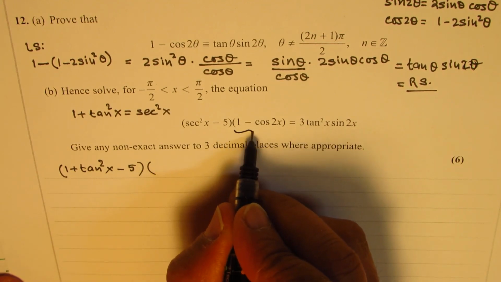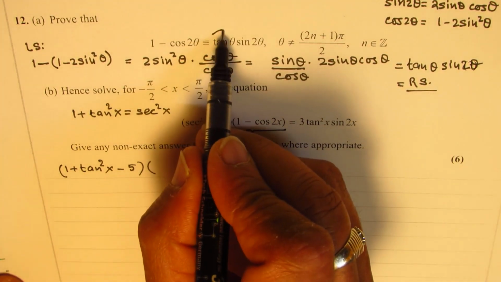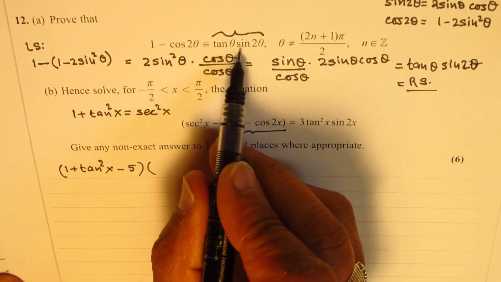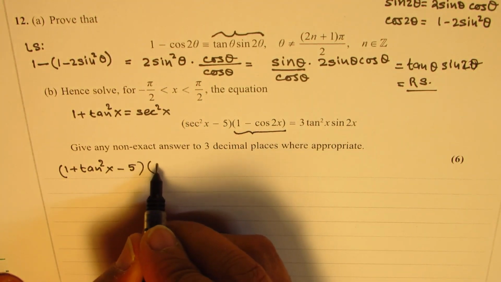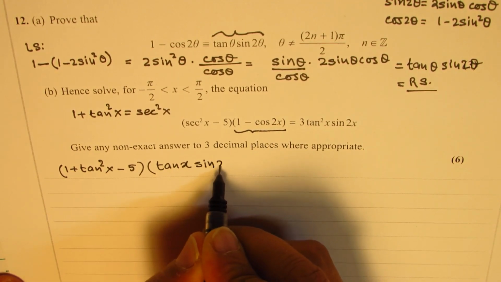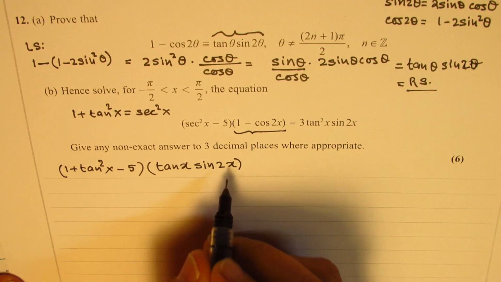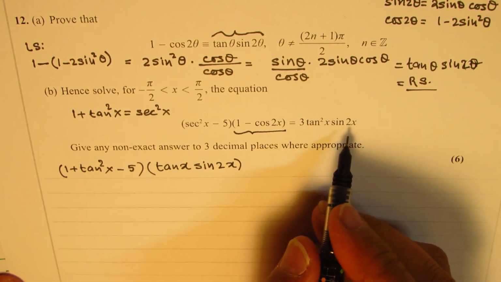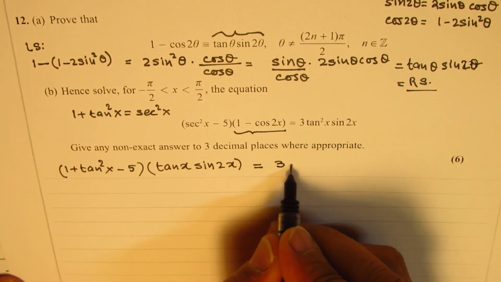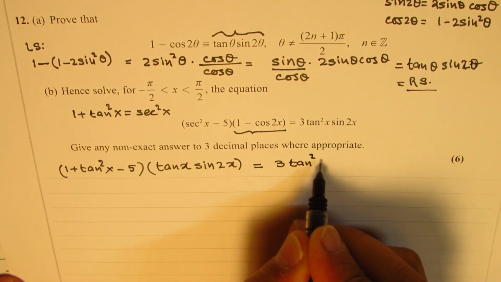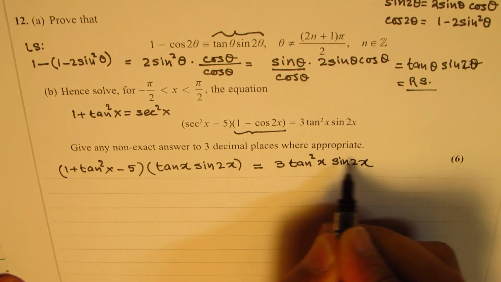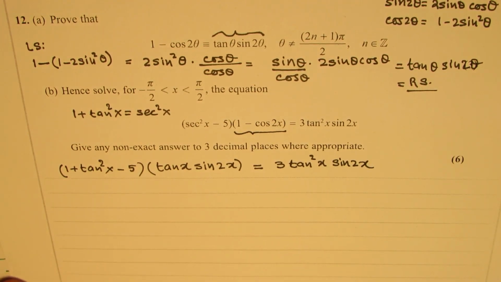And this expression 1 minus cos 2x is basically equal to tan x sine 2x, right? So we'll write this as tan x sine 2x. Clear? The idea is we have similar terms on the other side, which is equal to, here we have 3 tan square x sine 2x. Does that make sense to you, right?